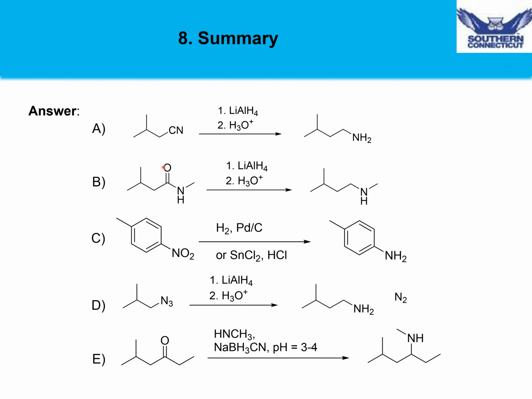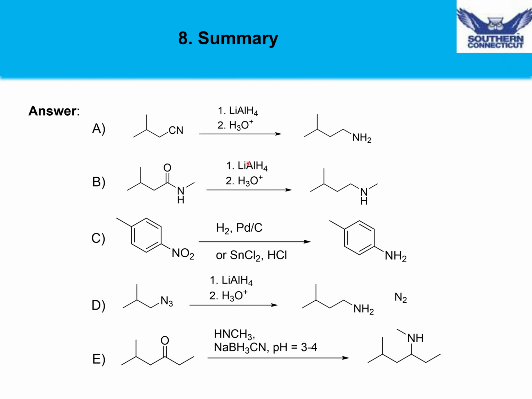In the next reaction, we're going to take an amide, and unlike most acid derivatives which react with lithium aluminum hydride, instead of getting a primary alcohol, with amides, we generally get an amine. The reason is the carbonyl is a better leaving group than the nitrogen.